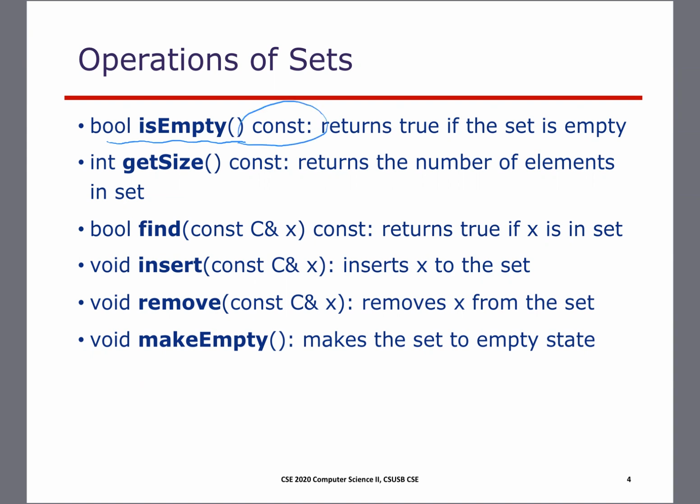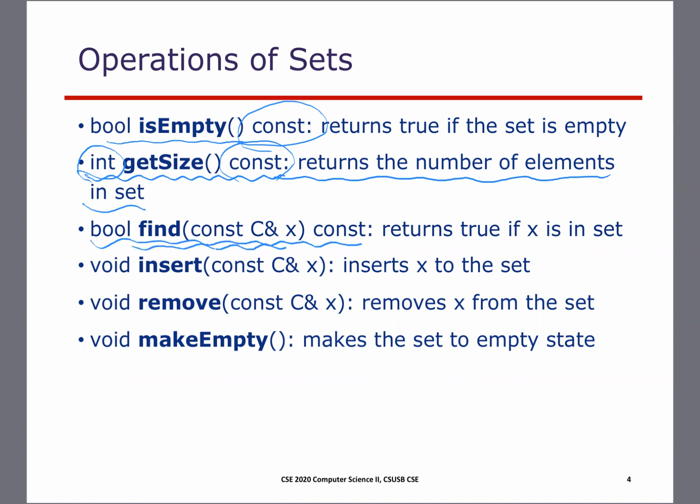This is an accessor. And then the next operation is get size. Get size returns the number of elements in the set. This is an accessor. Return type is int.